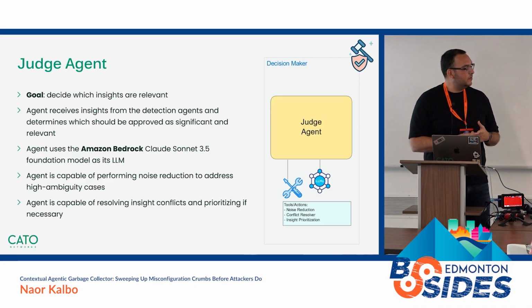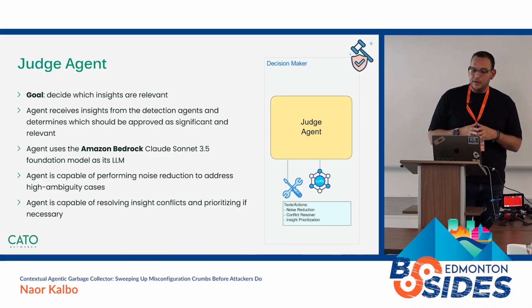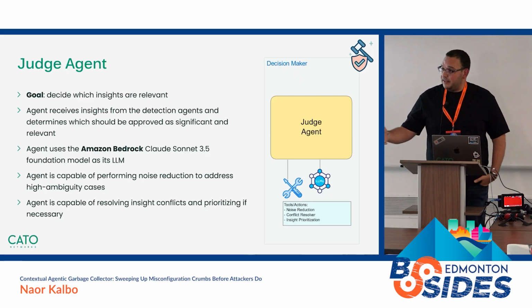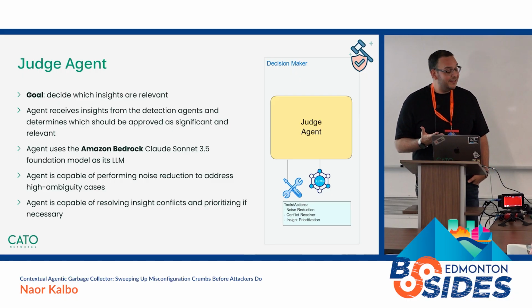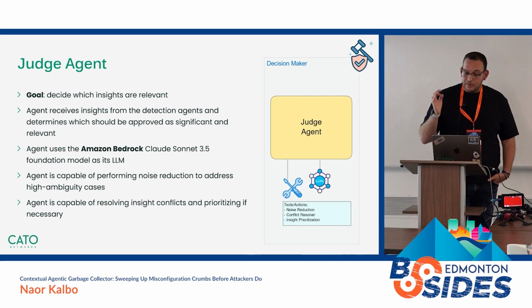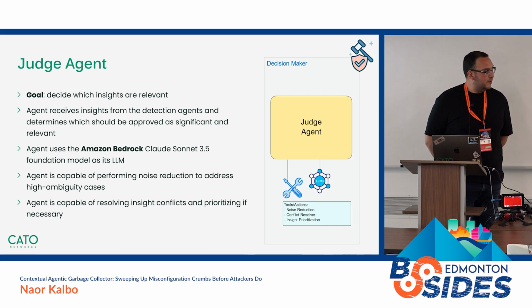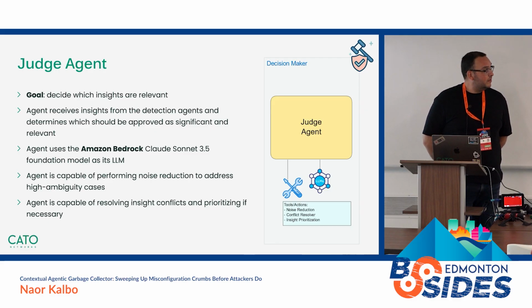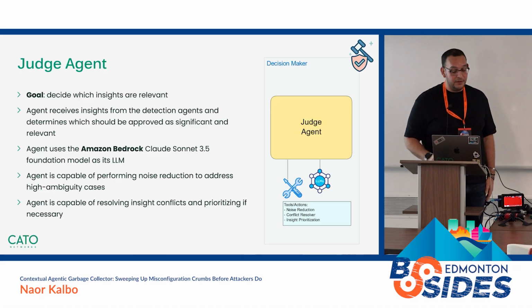Noise reduction tools, which are responsible for handling and filtering out high-ambiguity insights. This is a very difficult problem. Conflict resolution tools, which are responsible, obviously, for investigating conflicting insights and making sure that we make a very informed decision between them. And prioritization tools, which are responsible for defining the prioritization of the insights and assigning a confidence level to each one of them.